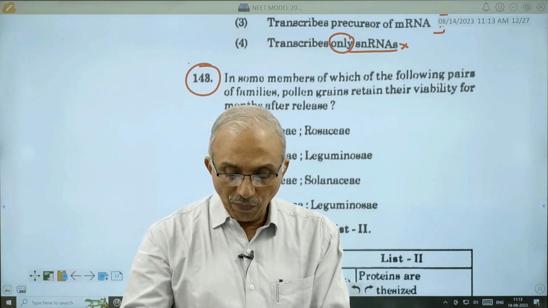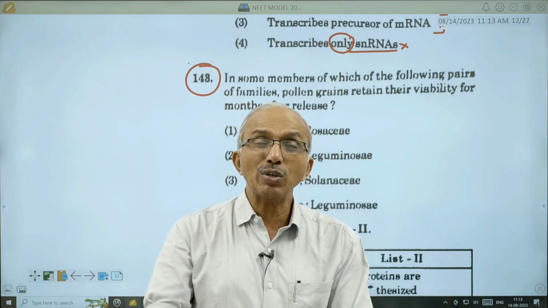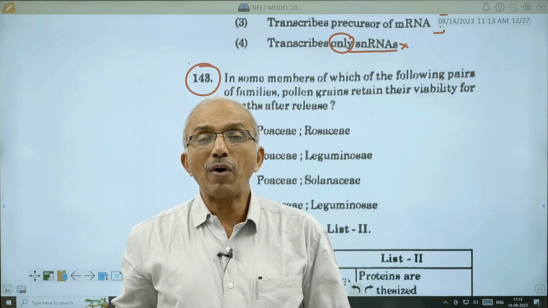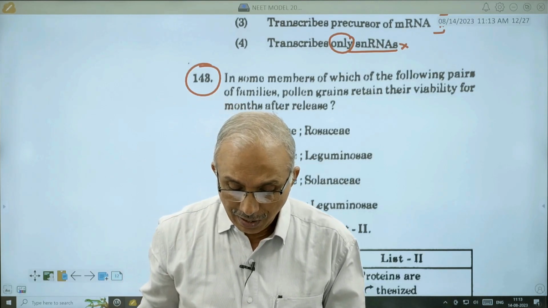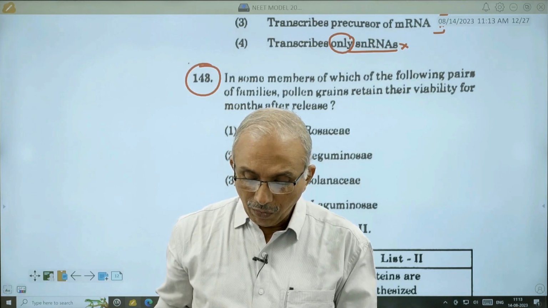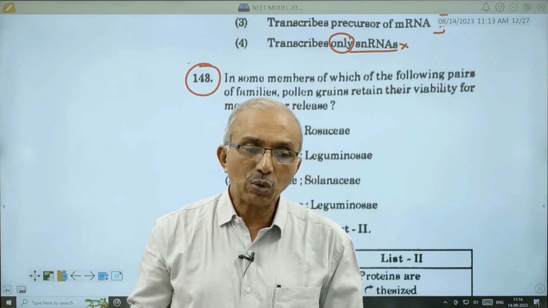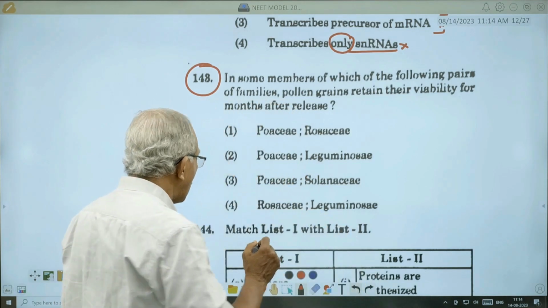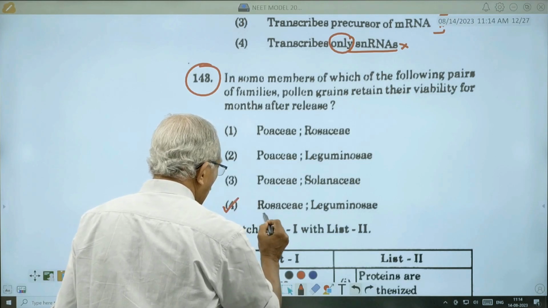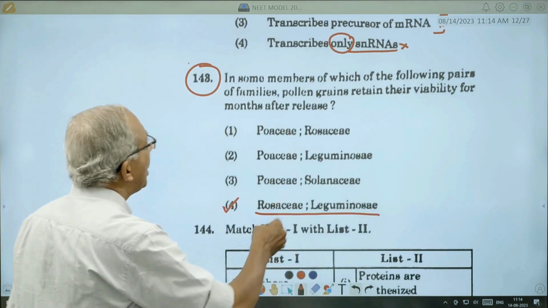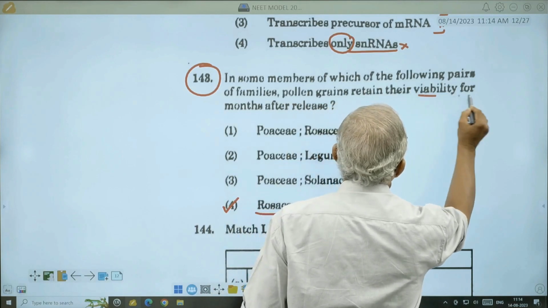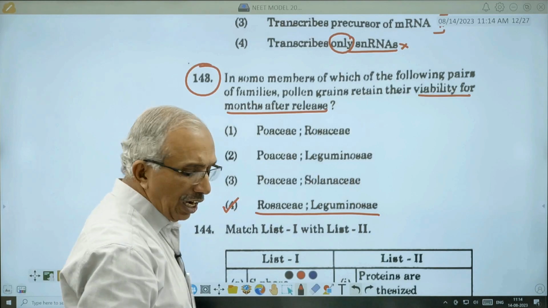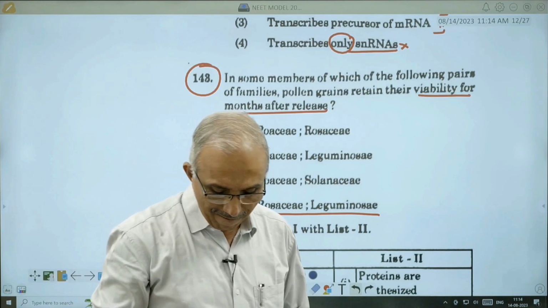But in some families, for example Rosaceae and Leguminosae, pollen viability lasts for months, for 2 or 3 months. So the answer here is Rosaceae and Leguminosae, viability for months after release.